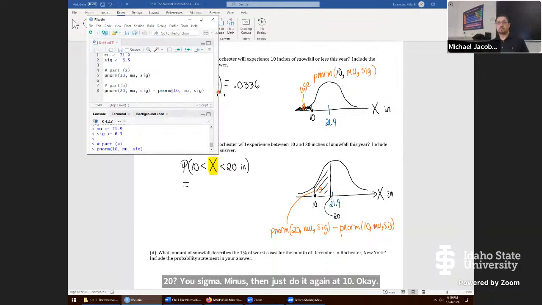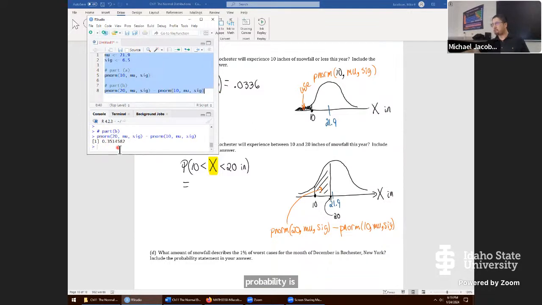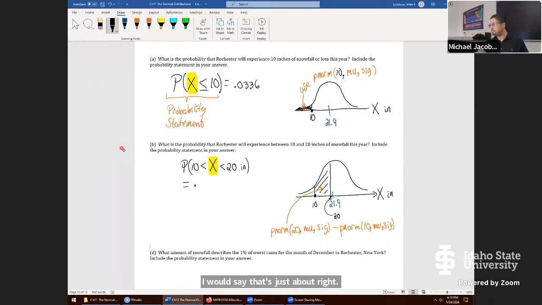So let's take a look at how good our probability is. It comes out to about just over a third. That kind of looks believable on this picture right here. I would say that's just about right. So 0.3515 upon rounding.